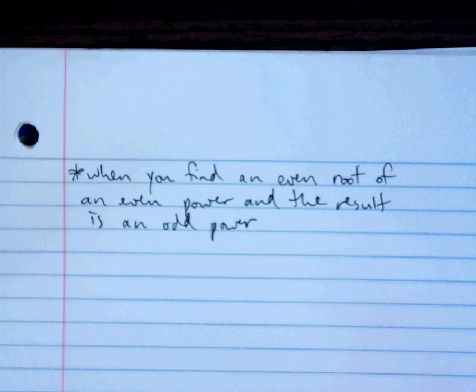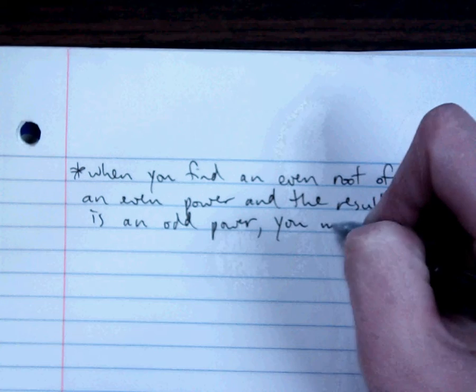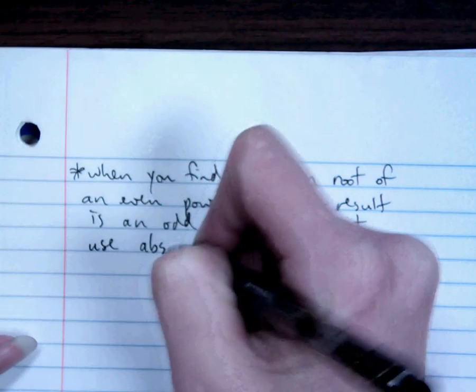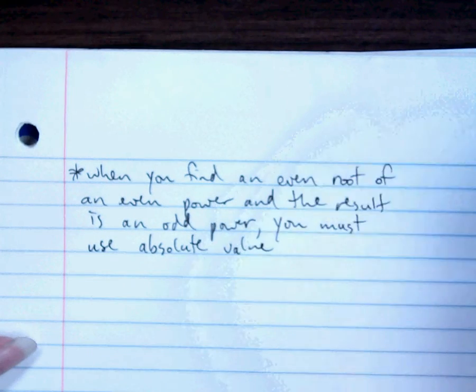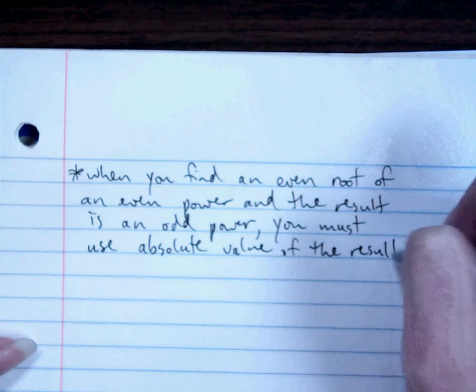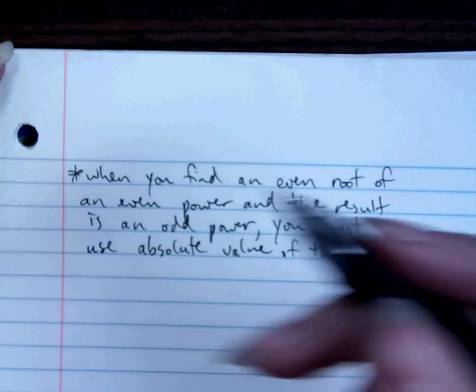When I have a result that's an odd power, you must use an absolute value symbol so that I make sure my answer is not negative, because I can't have what we just talked about, a negative under an even root.